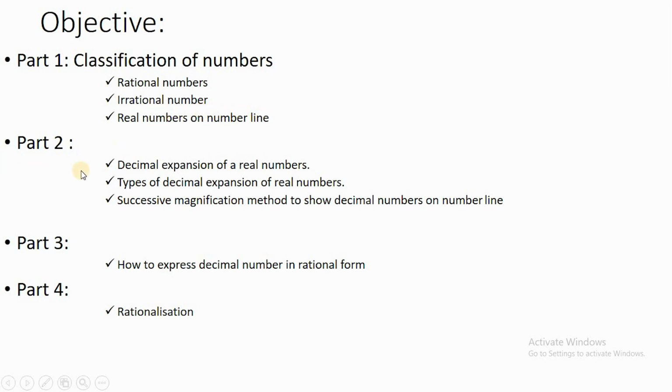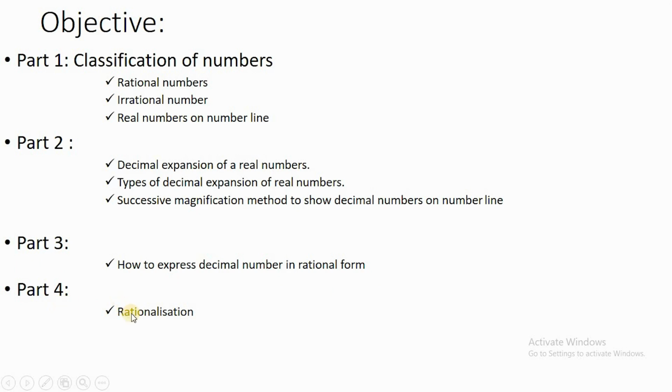In the second part, we are going to discuss the decimal expansion of a real number and the types of decimal expansion, and we are going to learn the successive magnification method to show decimal numbers on the number line. In the third part, we are going to learn how to express a decimal number in rational form.